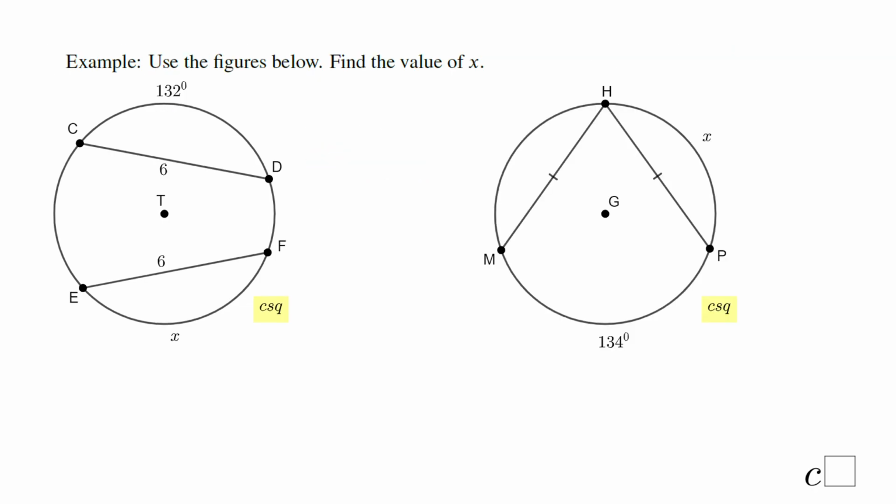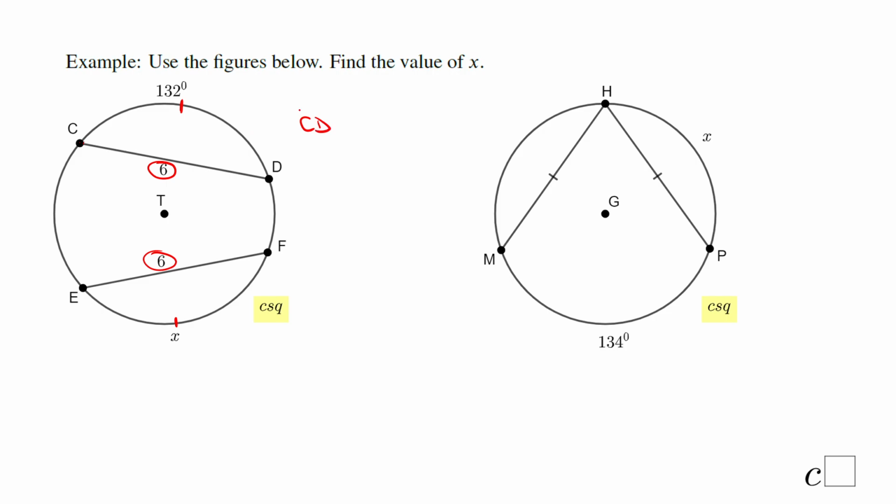And now let's use that theorem and take a look at the first problem. In the first example, we notice we have two chords, CD and EF. We notice also they are congruent, they have the same measures. So that means the arc CD and the arc EF are congruent. Let me write that right here.